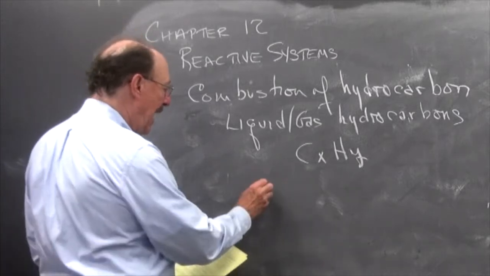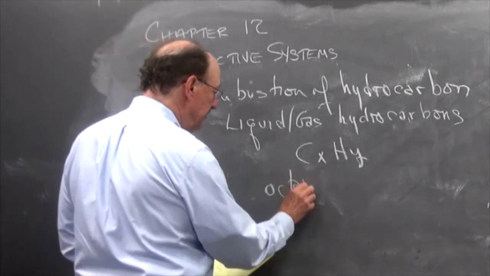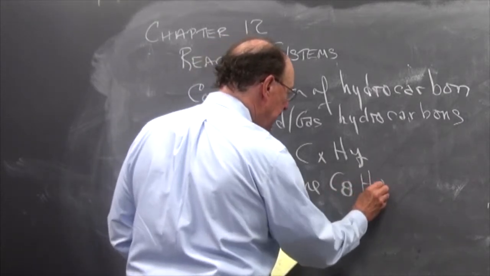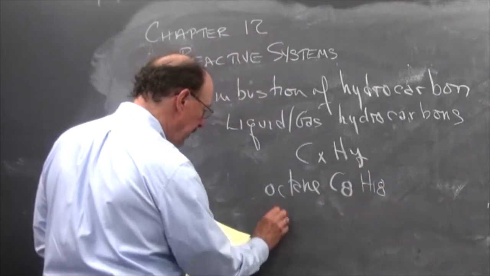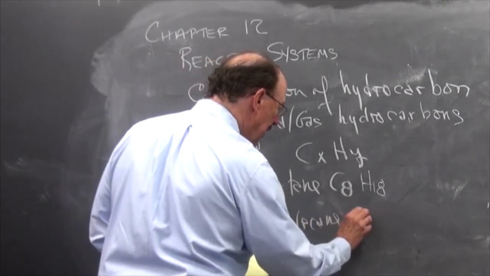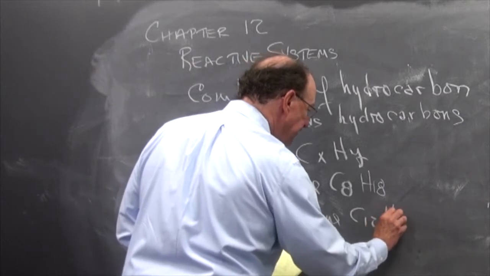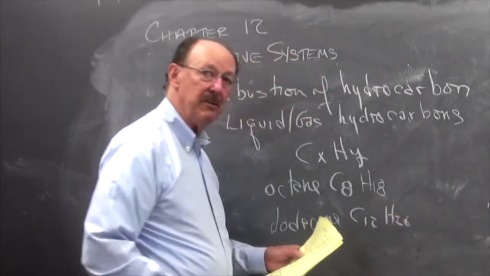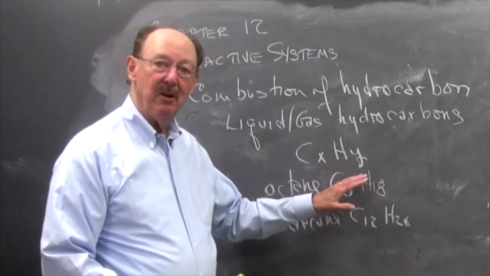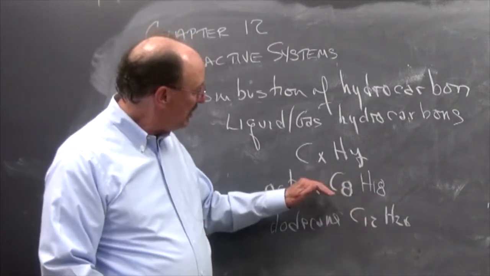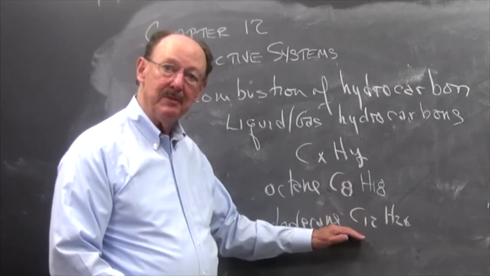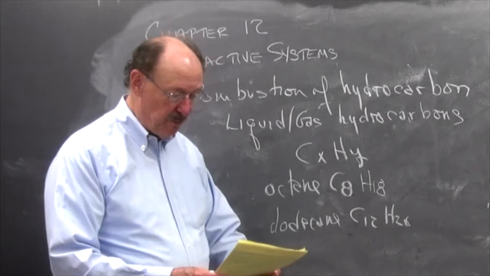For instance, octane is C8H18, dodecane is C12H26, following whatever the model is you learned in chemistry. These are the ideal ones, so we tend to use this for gasoline and this for diesel fuel. These are the ideal models for that.